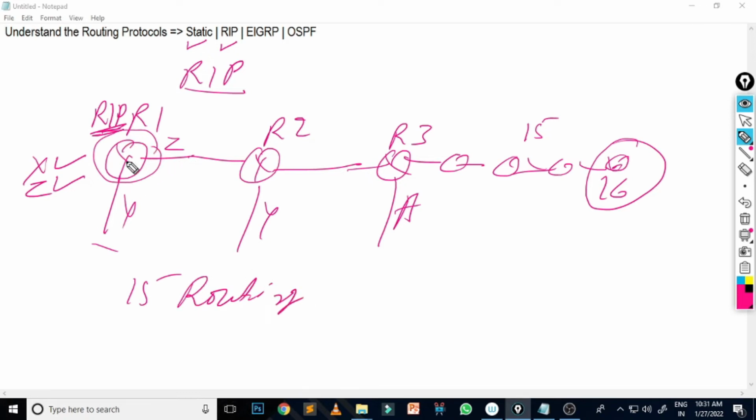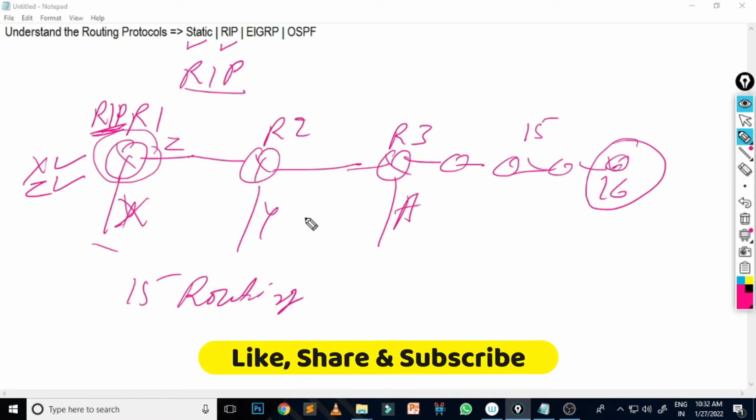Say, for example, on router number 1 the X network is now disconnected and is not available anymore. The routing protocol will take a lot of time to transfer that information to the other routers. That is the reason we call RIP a slow routing protocol; even though it is a dynamic routing protocol, it is counted as a slow one. In today's scenario, we do not have that much time, right?